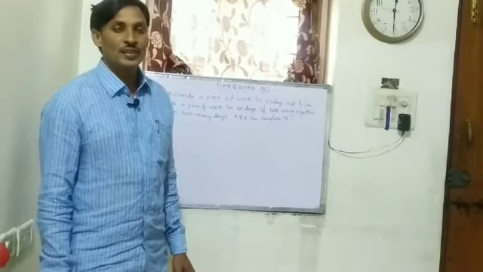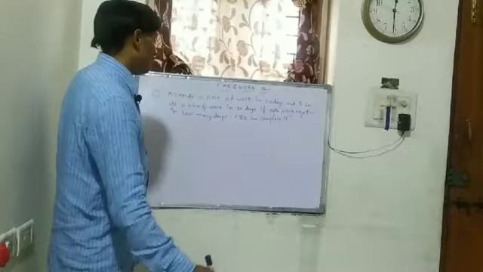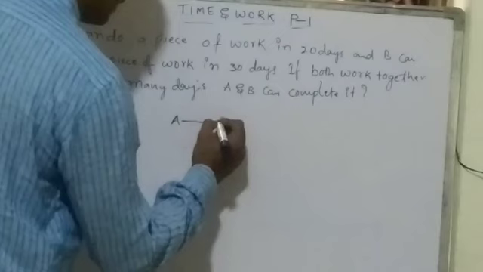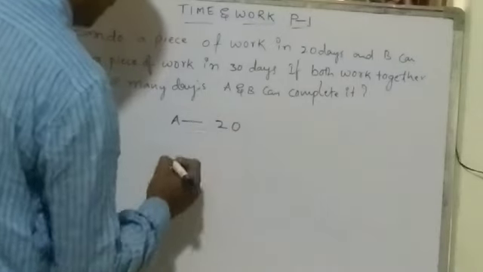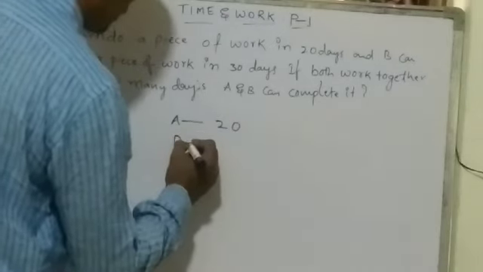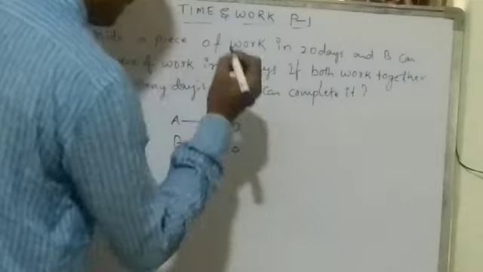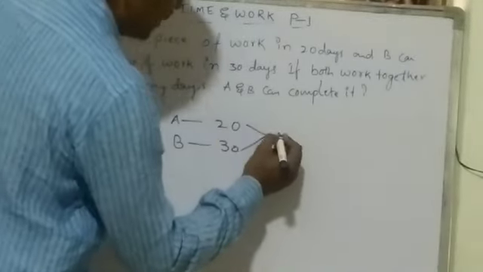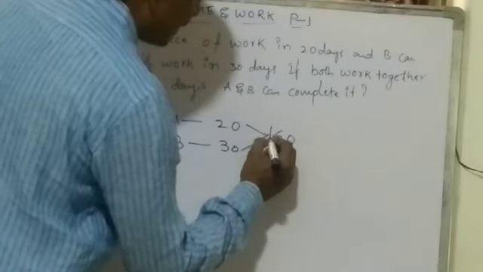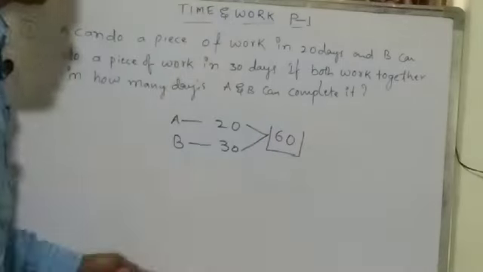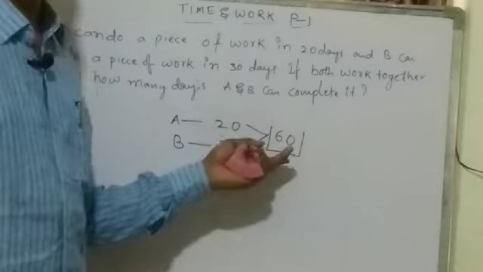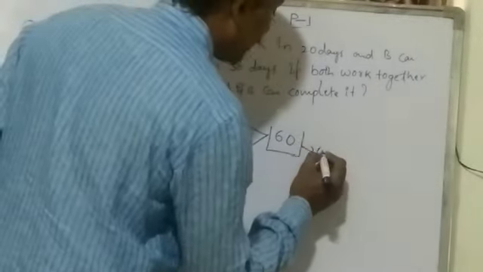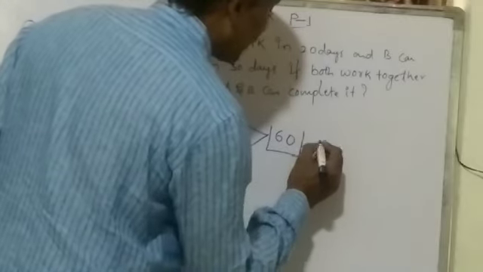Now we will go for the shortcut method. See, here A is doing the whole work in 20 days. Similarly, B is doing the whole work in 30 days. By taking these two, the LCM will be 60. 60 represents the work units.